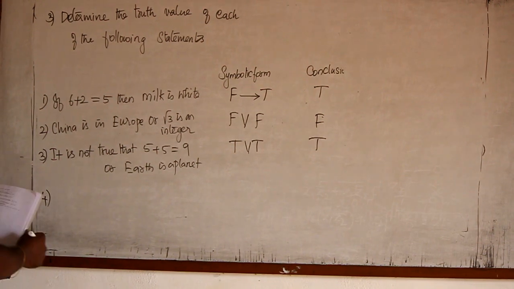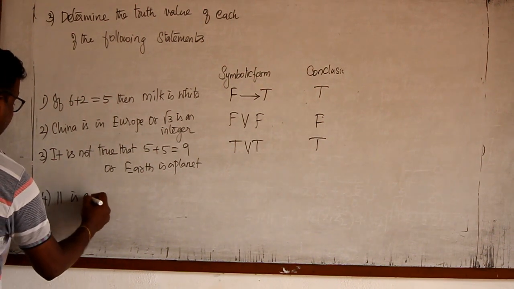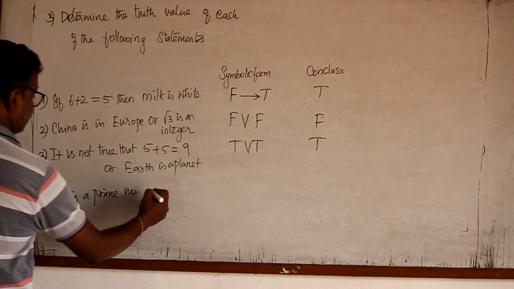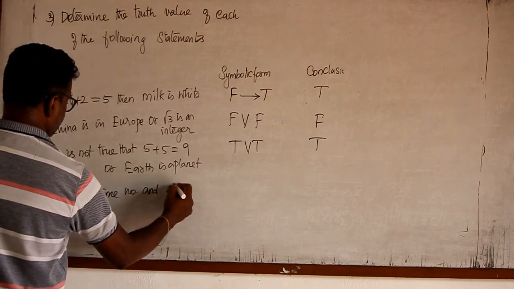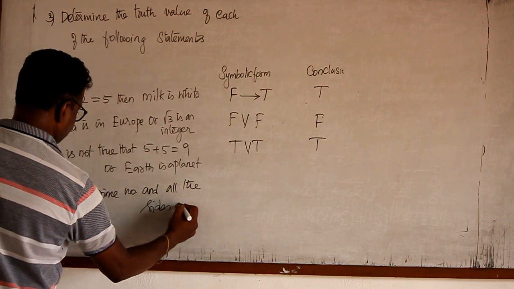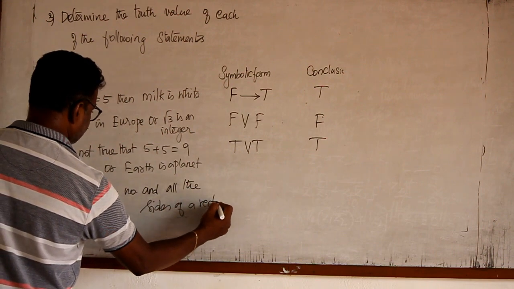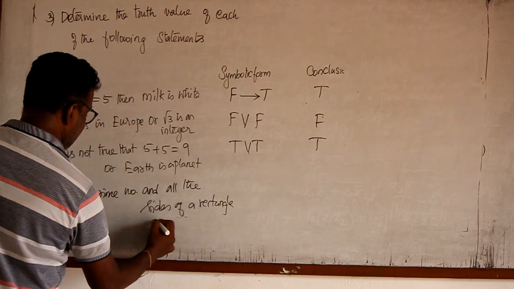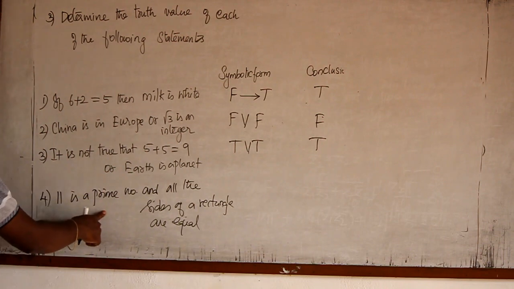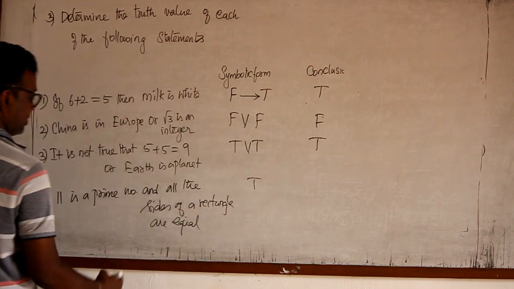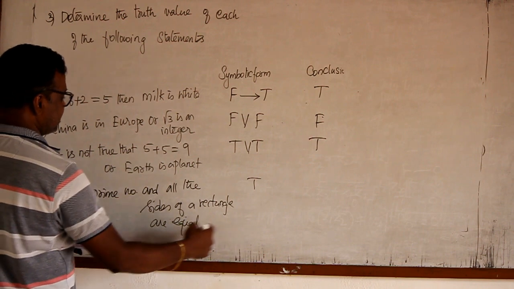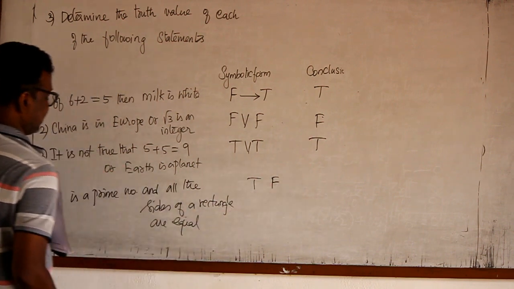Fourth one. 11 is a prime number and all the sides of a rectangle are equal. 11 is a prime number, it's a true statement, so T. All the sides of a rectangle are equal is a false statement because we know only opposite sides are equal.